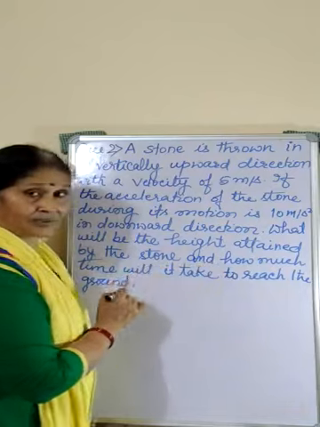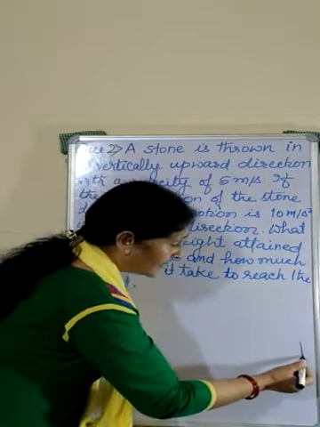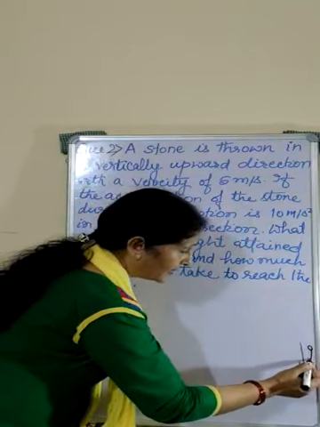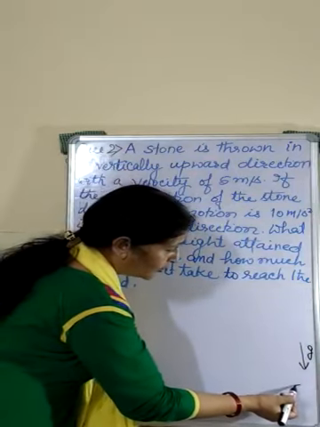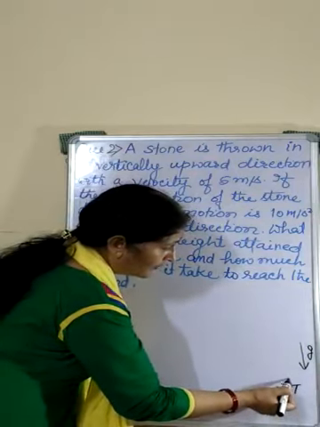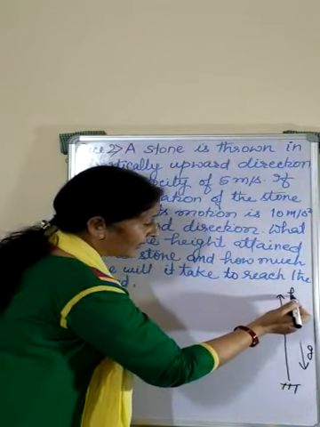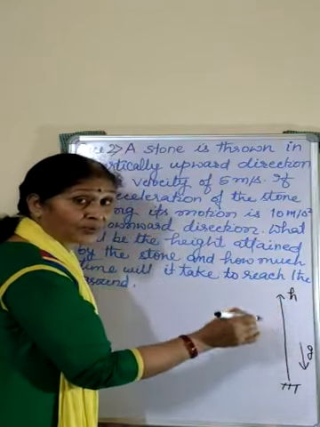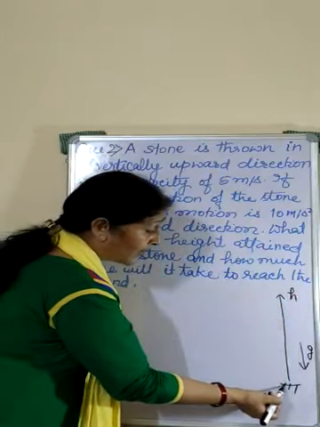Okay, so the direction of acceleration is always downward. This is the g we represent here, and the stone is thrown from the ground. It will go to a maximum height, and you have to find this height, and also the time taken by the stone to reach the height and come back to the ground.